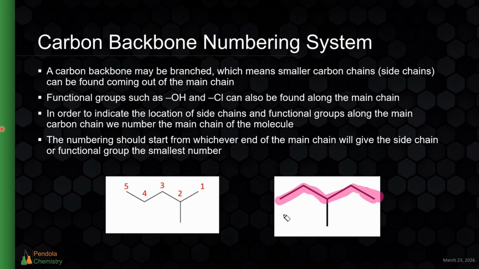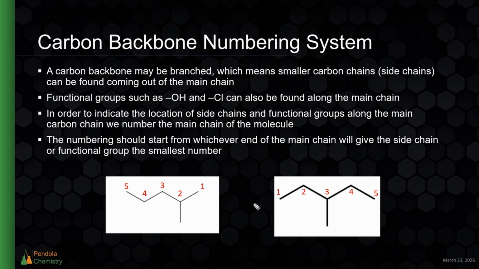If we instead went down, then we'll have 1, 2, 3, 4. That wouldn't be the longest chain. So the longest chain is here, it's 5 carbons. If we look at our numbering, we will start from the left because we have carbon number 1, carbon number 2, 3, 4, 5. It doesn't matter whether we start from the left or the right in this one.